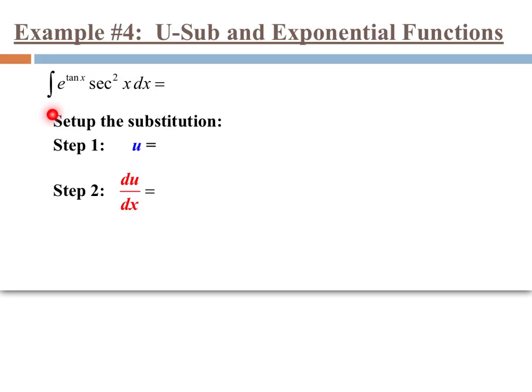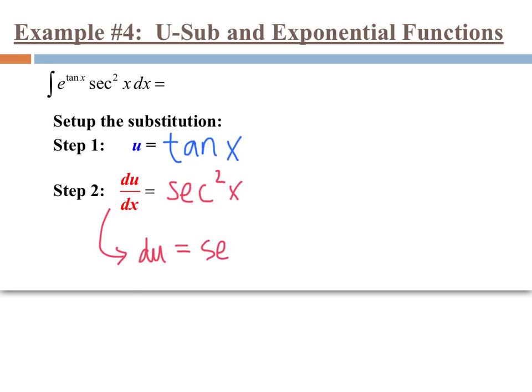That integral looks horrible. But if you take my advice, just take u equal to whatever is in the exponent of your exponential function. That way, if the derivative, which is secant squared x, shows up anywhere, well, now you've got one of the easiest integrals to solve once you solve for du. So let's put that secant squared x dx like that, and now let's take our integral here.